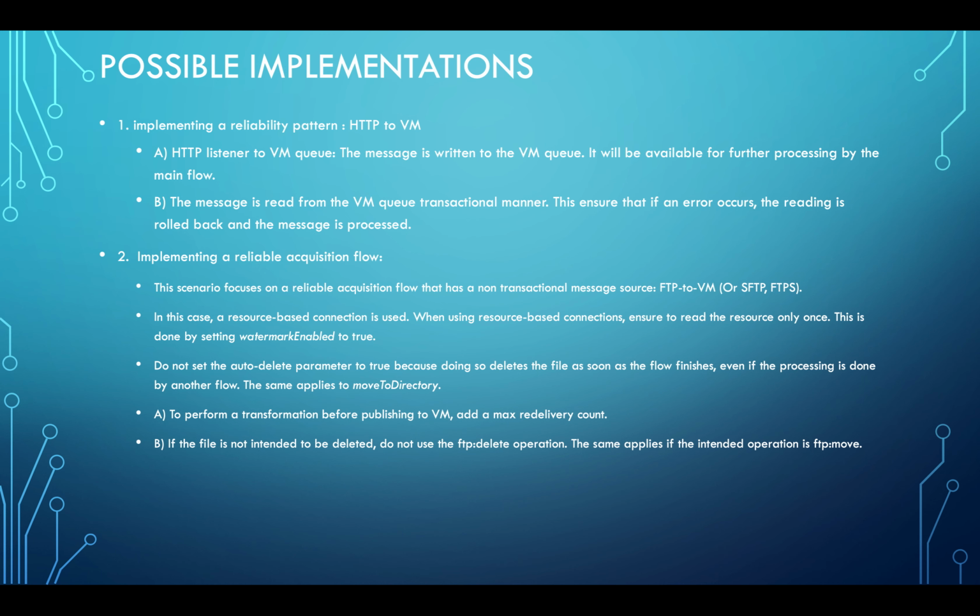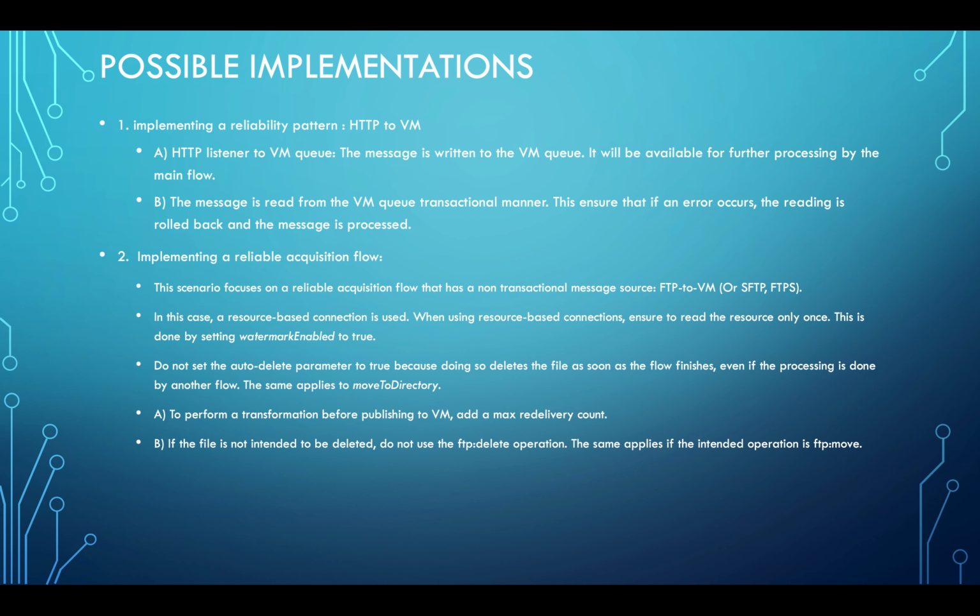Coming to the FTP to VM use case, it is a resource-based connection, and when using a resource-based connection, we have to make sure we read the resource only once. This can be done using the watermark enabled option that I will show you, and you should not use the auto delete parameter because if you delete the file, then reprocessing of the file in case of error will not be possible.